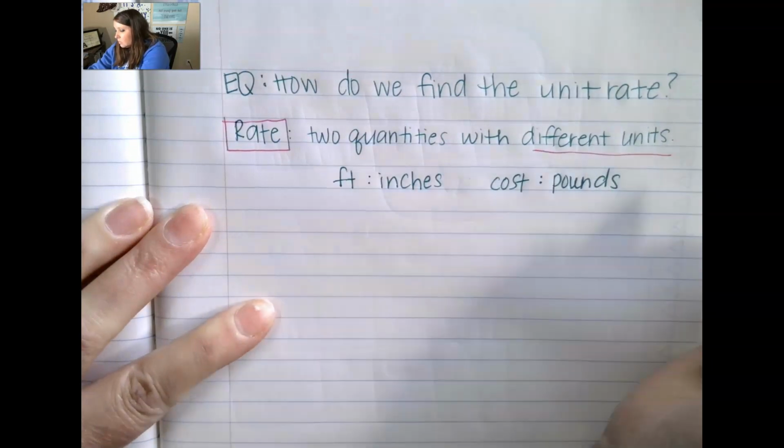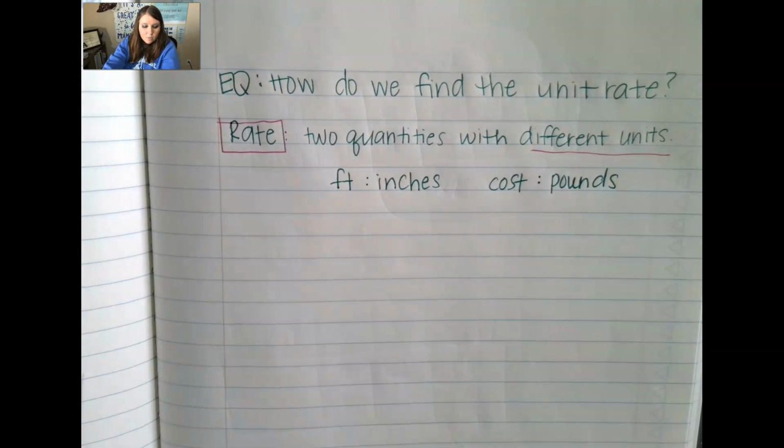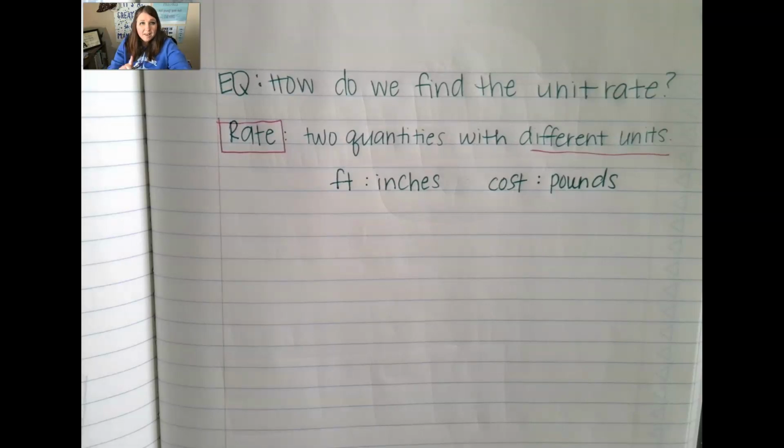So different units. Okay, the next word that I want to look at is the word unit rate. And a unit rate is a rate that compares a quantity to 1.